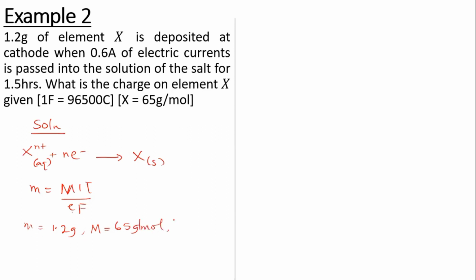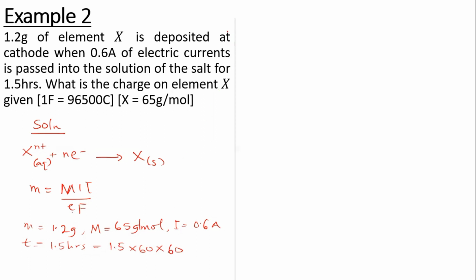So I is 0.6 amperes, and the time T is 1.5 hours, which you are going to convert to seconds. So that's 1.5 times 60 to minutes, then from minutes to seconds, times 60.